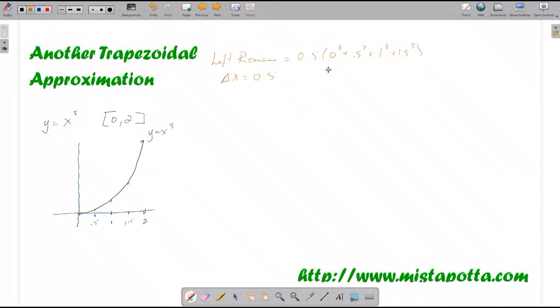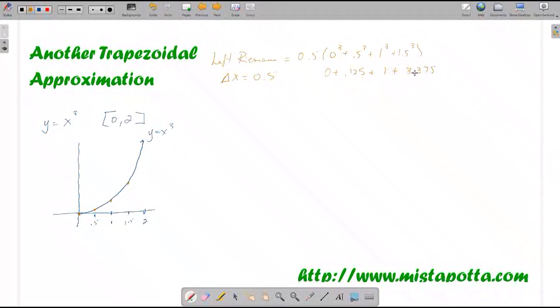So that's 0 plus 0.125 plus 1 plus 3.375.